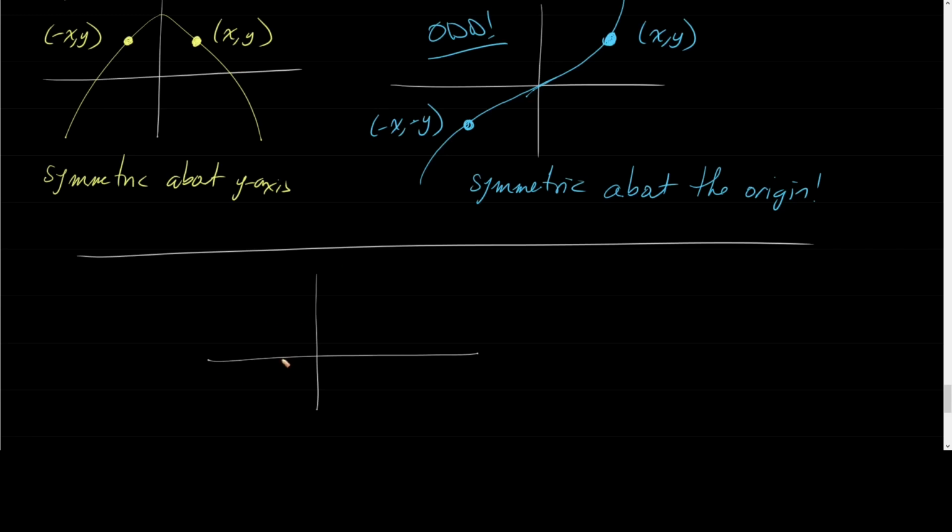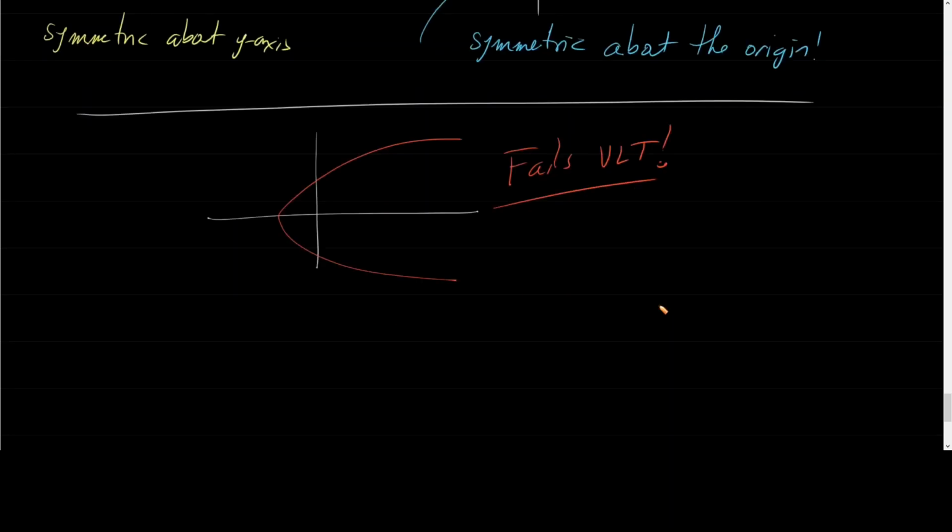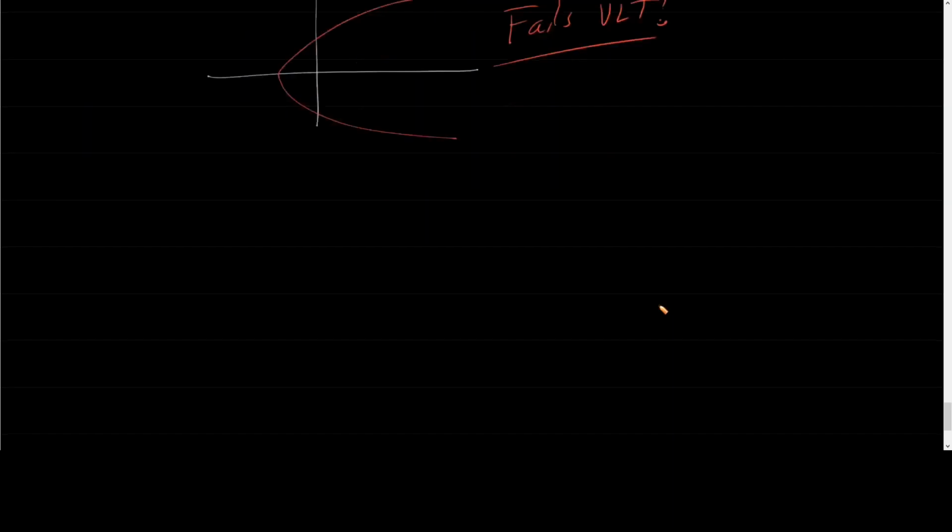For example, this. This is symmetric about the x-axis, but why is this not a function? Because it fails the vertical line test. Since it fails the vertical line test, that is not a function, and in general, there is no function of x that is symmetric about the x-axis.